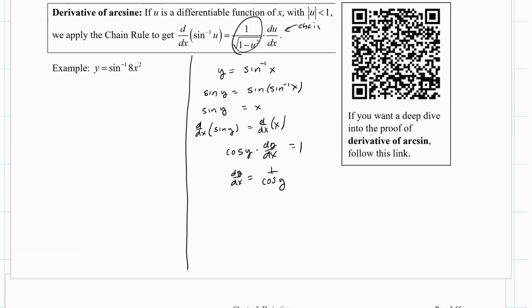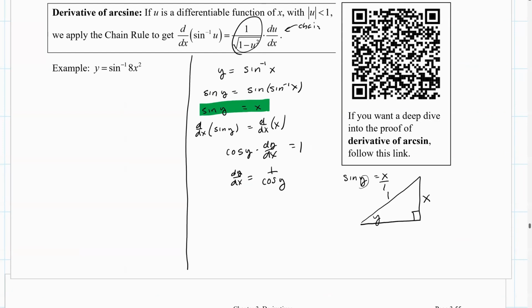But let's go back to this idea, which I'm going to highlight right here, that the sine of y is equal to x. That means I'm thinking about a right triangle, and sine of something, y, must be an angle, and x, or x over 1, must be the ratio of the opposite side to the hypotenuse.